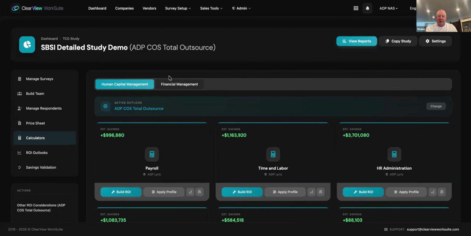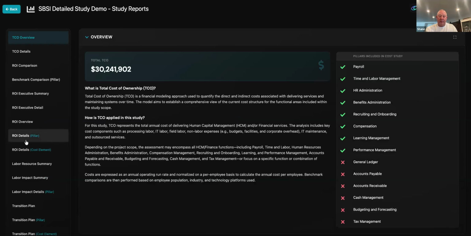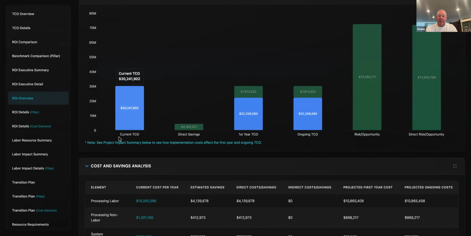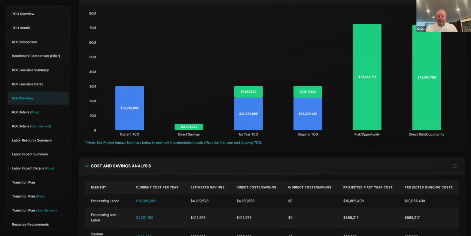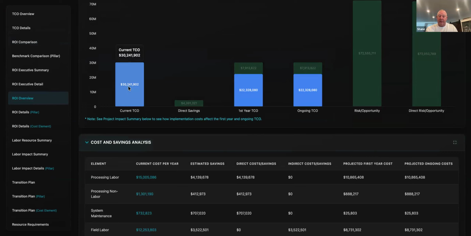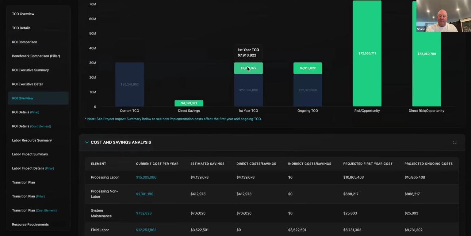But once that gets all done, we are able then to build a report that looks like this, and this is the ROI overview. So it kind of gives them, here was your total cost. Here's what that total cost will reduce to based on the workup that we've done. Here is your total savings.